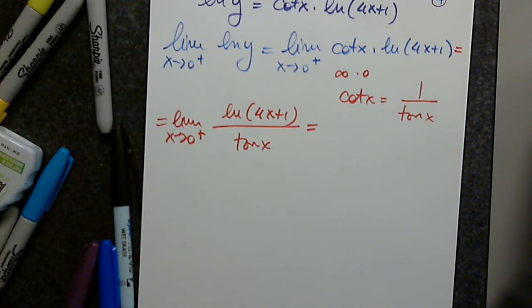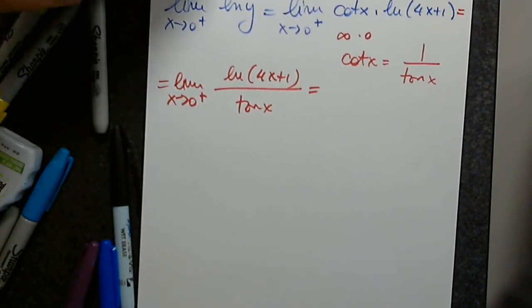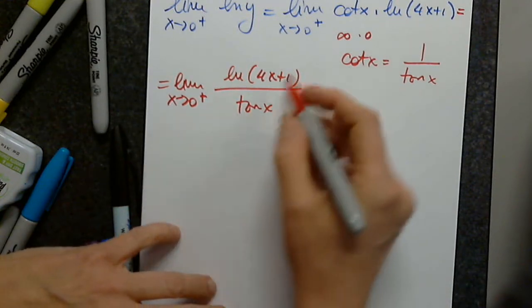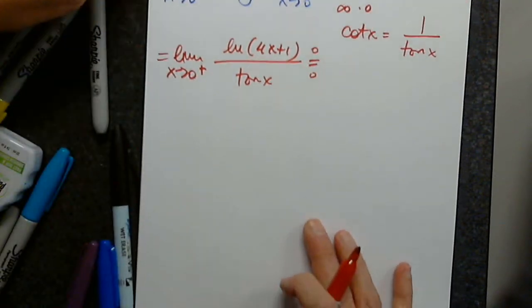One of them is 1, and the other one we work on, and it will not be undefined or indeterminate. So now the top is 0 and the bottom is 0, because when x approaches 0, tangent approaches 0. Would you agree? Perfect.